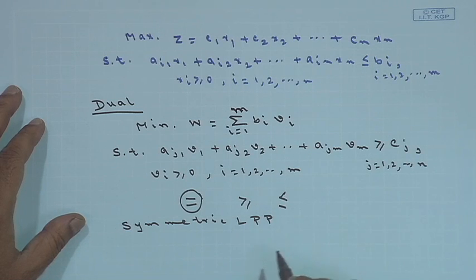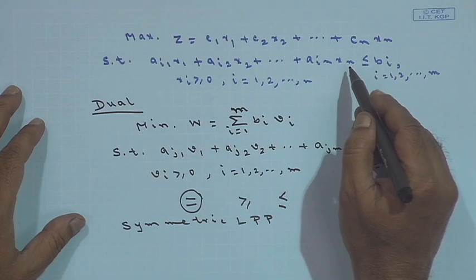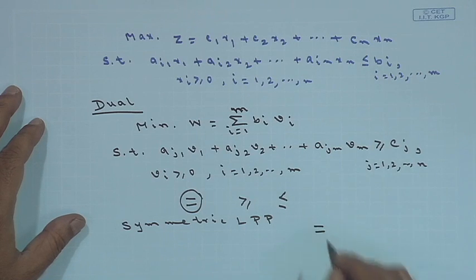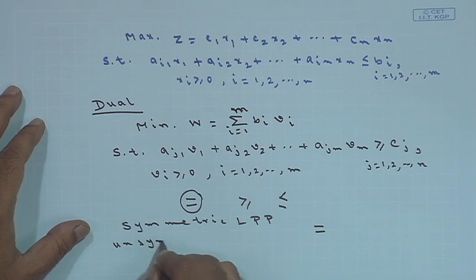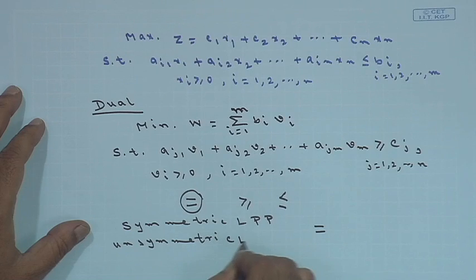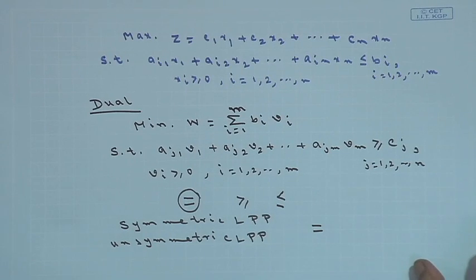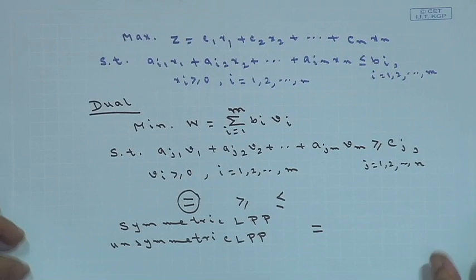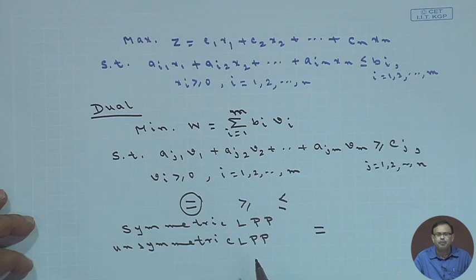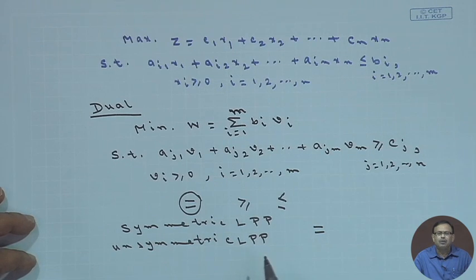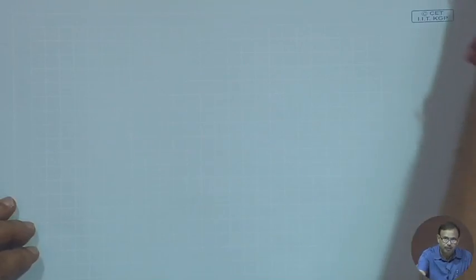Whereas if the primal LPP has only equality type of constraints, then we call it an unsymmetric LPP. So, please note this one. If in the constraints you have greater than or equal to or less than or equal to inequalities, then the primal and dual problem is known as symmetric LPP, whereas if the constraints contain only equality type, we call it unsymmetric LPP.